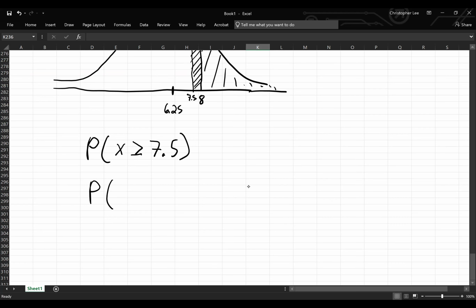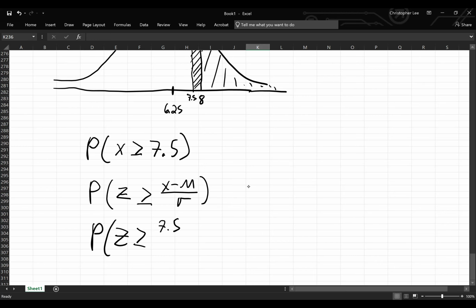So let's approximate this to z, right? So this is going to be z greater than or equal to what? X minus mu over sigma. We're essentially doing the same problem all over again, but this time instead of 8, we have 7.5.